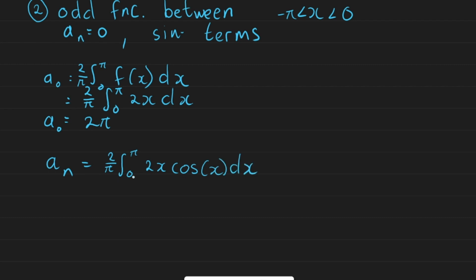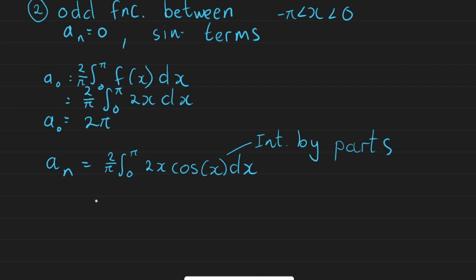And we've evaluated this integral in the previous videos. So you can go and look at the previous videos to see how we did this entire thing, but we need to use integration by parts to determine this. So I'm not going to redo this entire example again. It's in the previous video if you'd like to go and look at it.